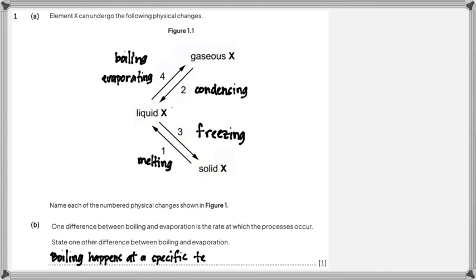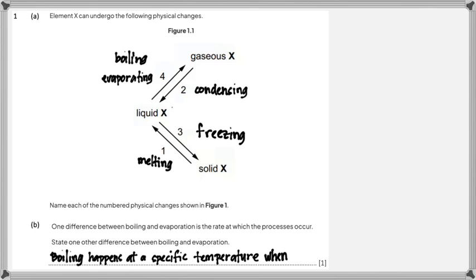Just like when we say the boiling point of pure water, it's actually 100 degrees Celsius. It's specific. While evaporation can happen at many different levels of temperature.